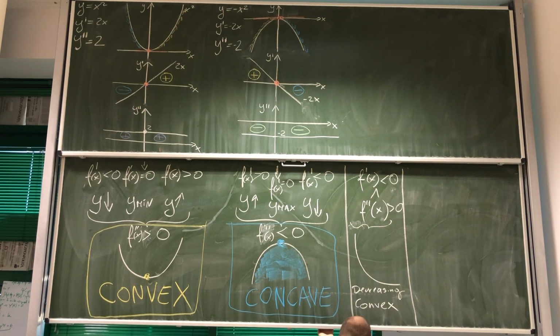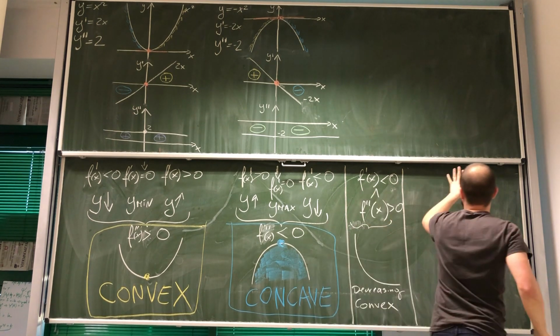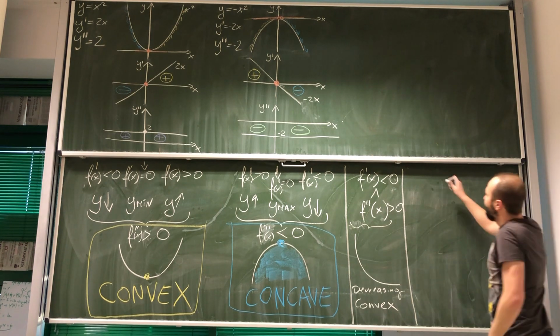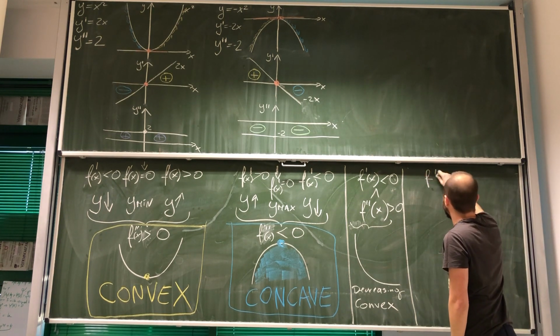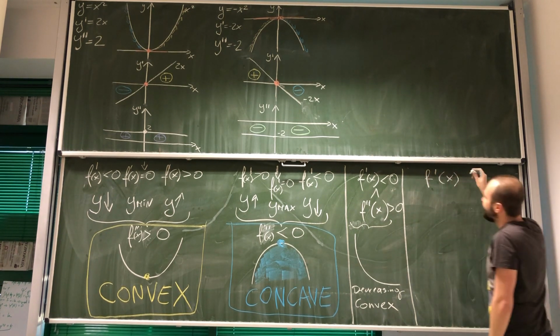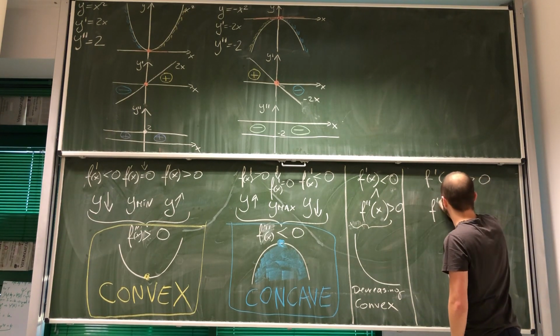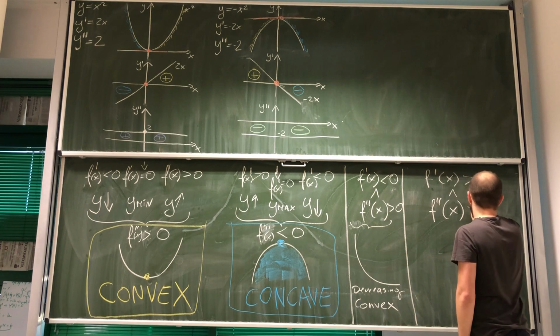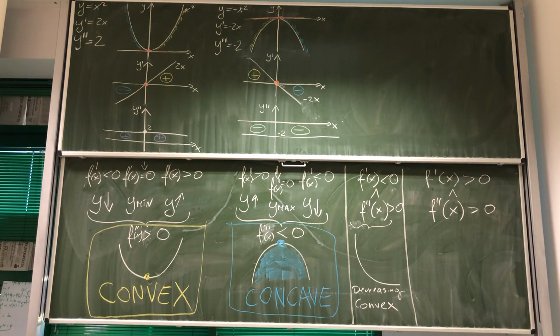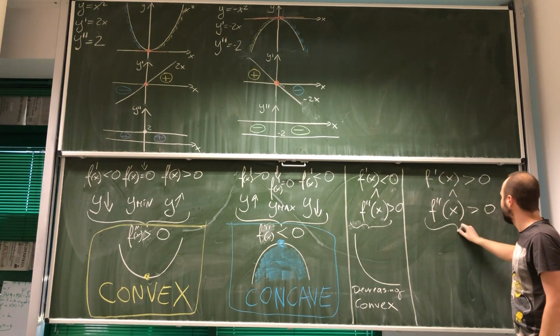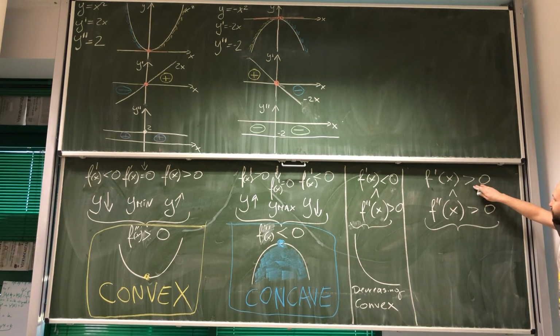It doesn't definitely look like a cave. Okay, then, if on the other hand, the first derivative is positive and the second derivative is also positive, what does this imply? It means that the function is upward sloping, right?